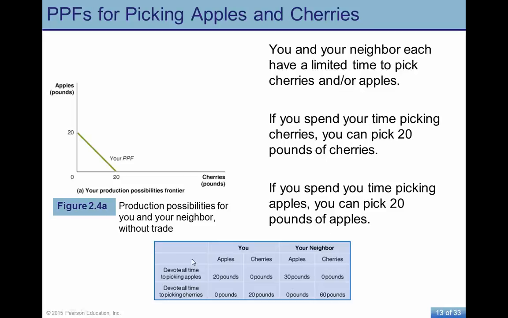You can see it is already given in the table that if you pick 20 pounds of apples, you cannot pick any cherries. And if you pick cherries, you cannot pick any apples.